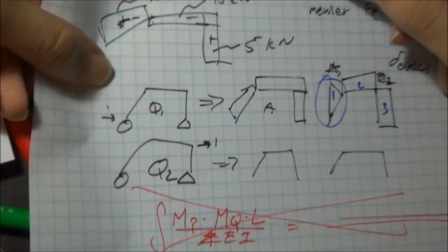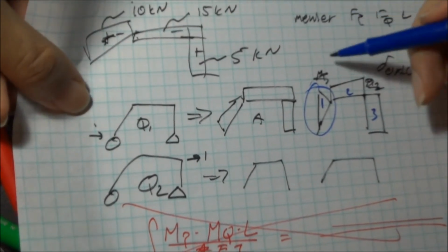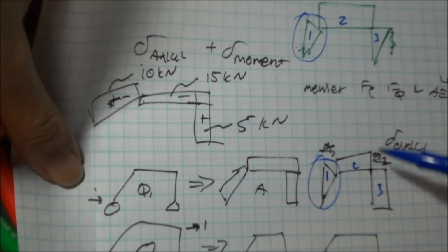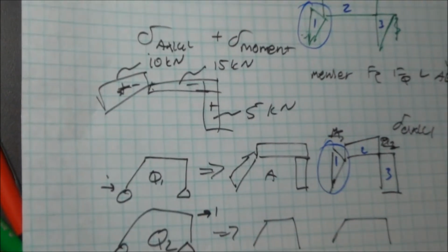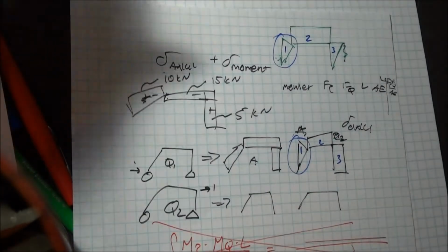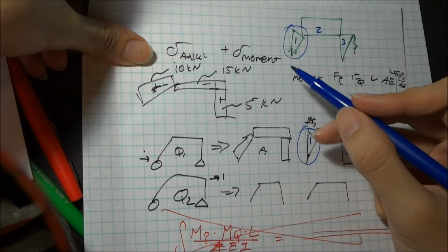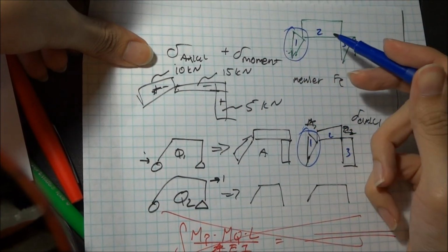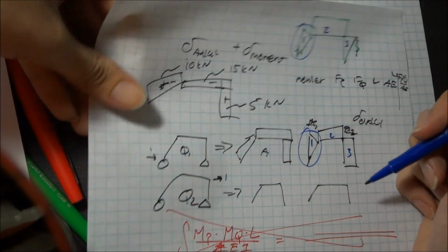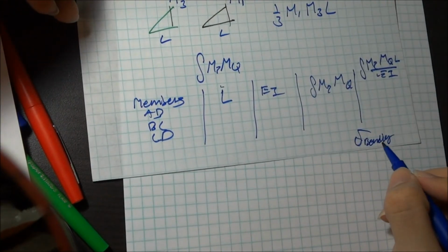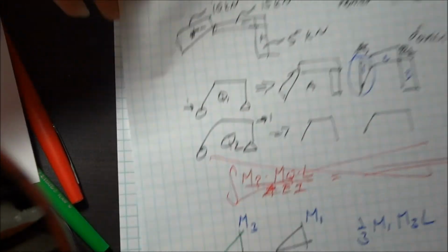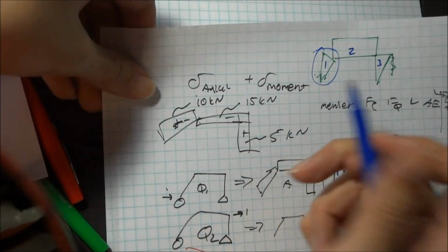I solve for each one of these members. I've solved for member 1, member 2, and member 3. Sorry, let me zoom out. That's why I'm having trouble fitting everything on this one screen now. I get a result from member 1, from member 2, from member 3. I add all three of those together. That gives me deflection due to bending. I add those two together, and that gives me my total deflection at that point.